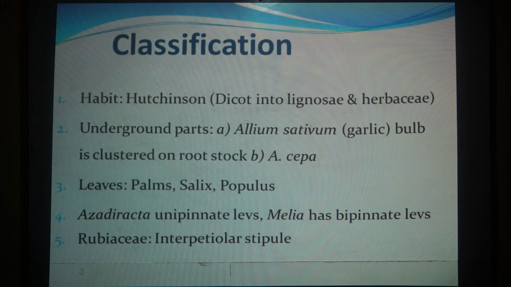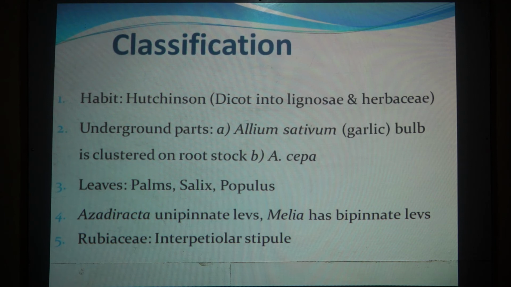The natural system of classification of plants is most practical and highly useful for classification of plants. So the Bentham and Hooker system is a natural system and the most popular system. Then the third one is the Engler and Prantl system, which is based on phylogenetic characters.